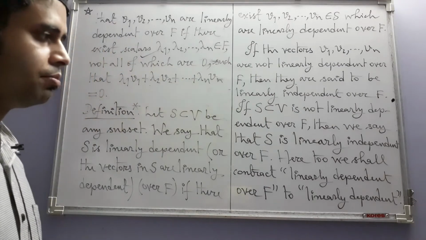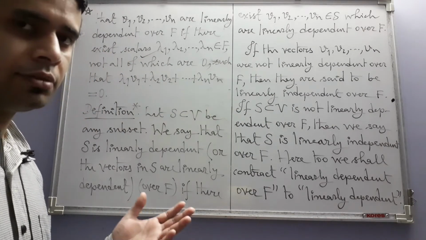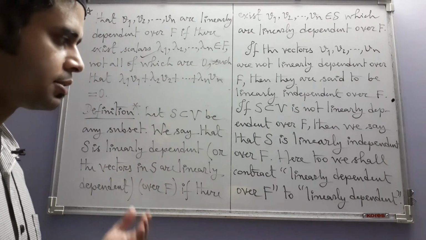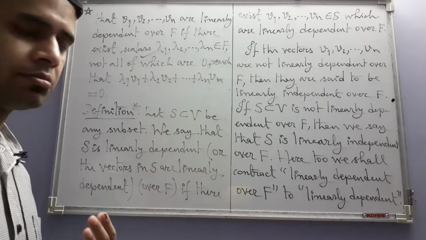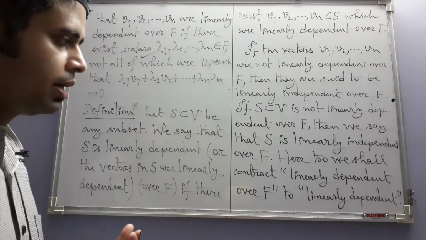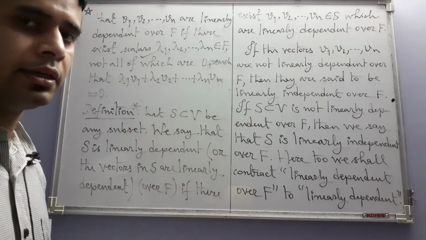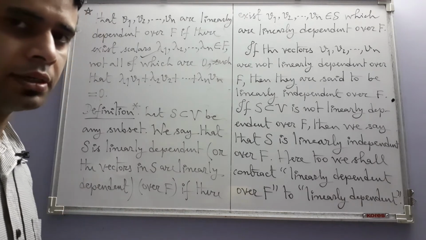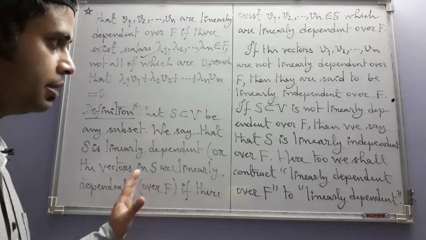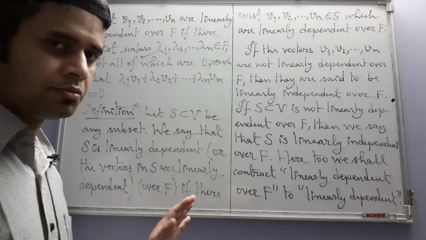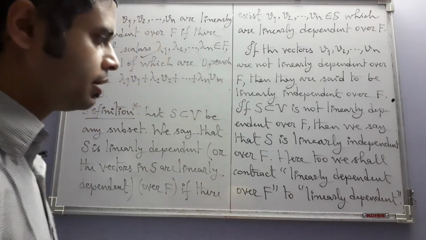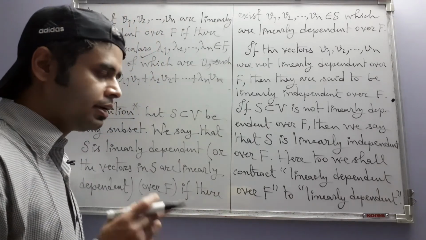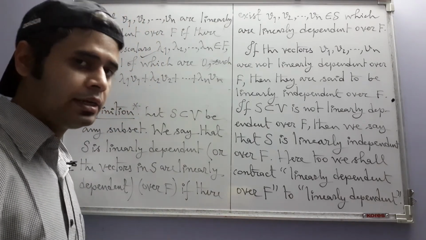And if you want to be very informal, we will see sometimes when it becomes slightly cumbersome to keep writing linearly dependent, linearly independent, we often simply write dependent and independent, because in the context of the things that we have here, dependent and independent, they are linearly.